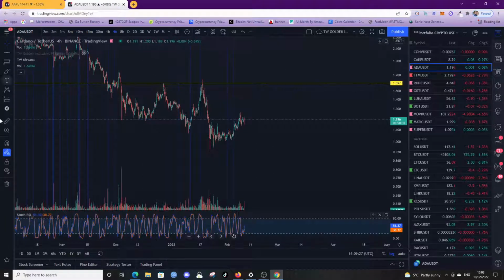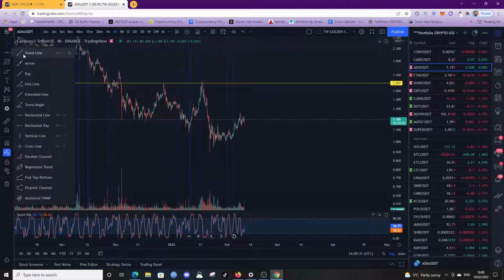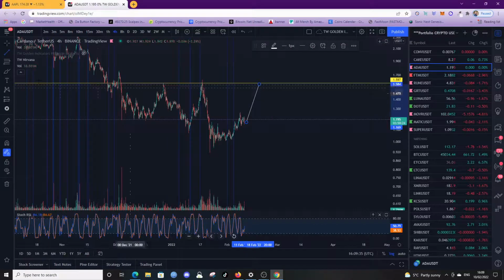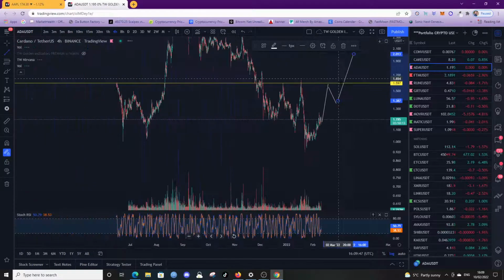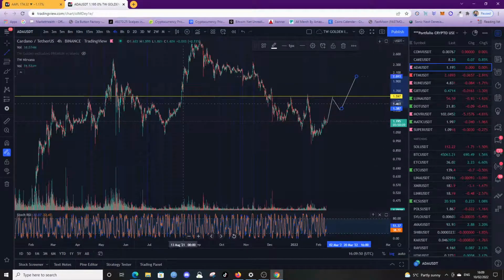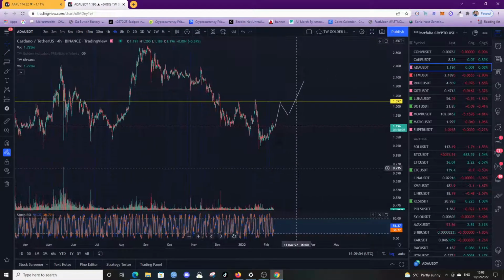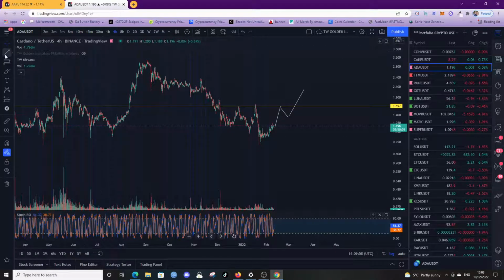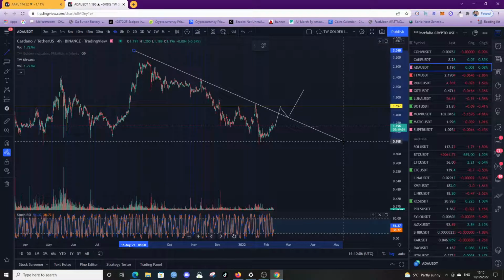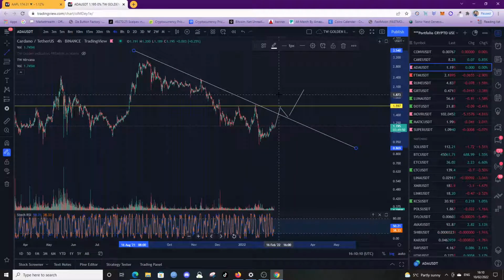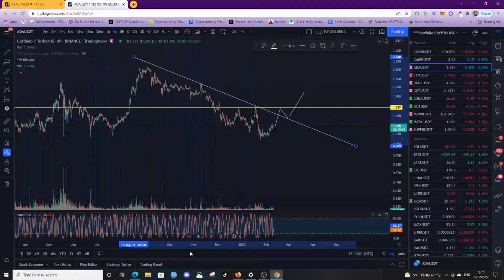So what could happen here, like I said before, we come up, see weakness here, come down probably to as low as there, and then bounce and start heading in a bullish direction, which will take us pretty much, if I get the line here and I put the trend line back in, and you can see also using the break of the trend line, it all lines up to the Fibonacci as well, so you get the confluence of a lot of other things lining up.